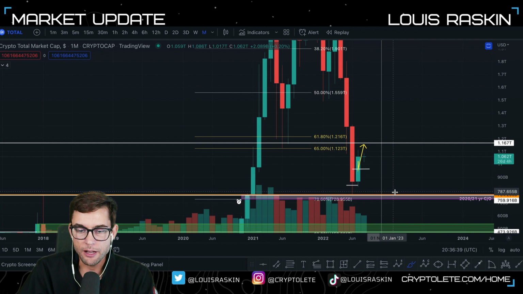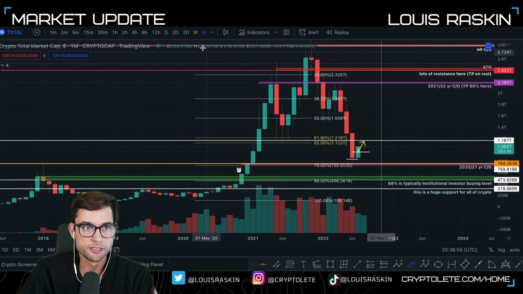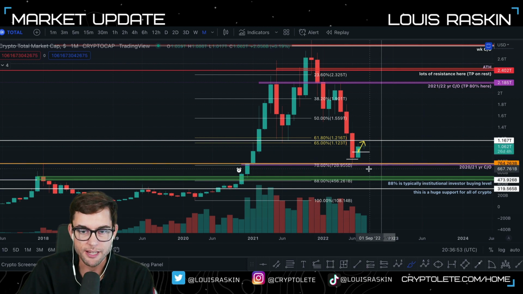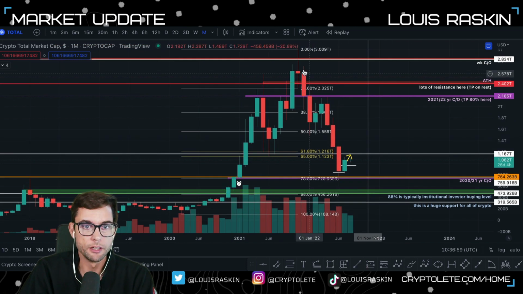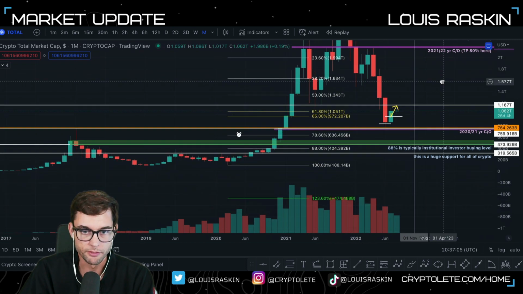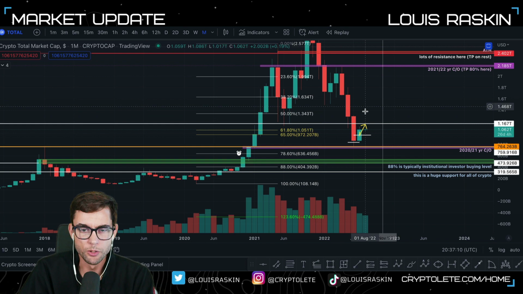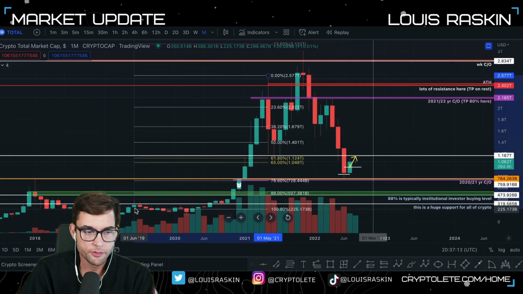The whole thing about this though, us stopping up here at 762 billion as the market cap, I don't really get that, because I feel like we should have gone down to 730. That's just me, because even if we take the Fibonacci from here and pretend that this wasn't real, or that this was the bear market, even though price was going up, the Fibonacci would have been even lower. So this is just a weird place for me.